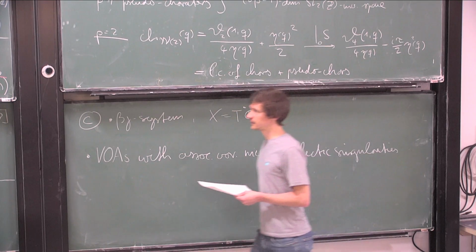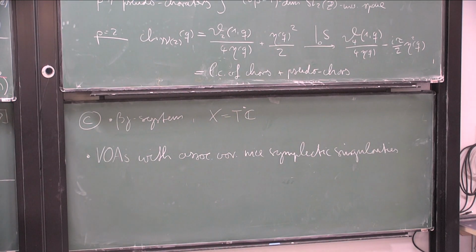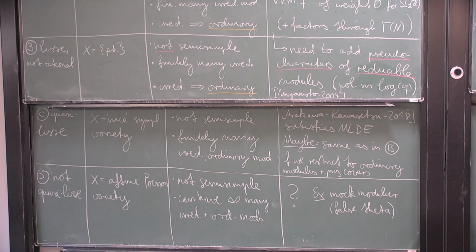Yeah, so typically these associated varieties will not be smooth. So it's very typical that they have singularities. As an example, we can look at the following one.